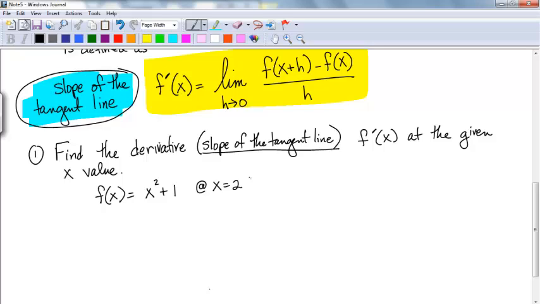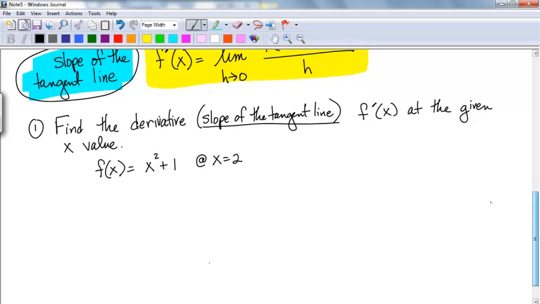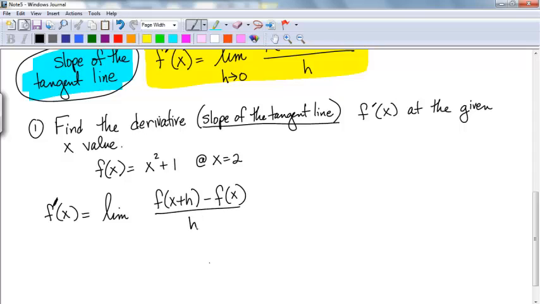So what is the slope of the tangent line at x equals 2? We're going to do it first, then we'll come back and graph it. Write down the formula: f prime of x equals the limit, and in the numerator it's f of x plus h minus f of x, all over h, as h approaches 0.